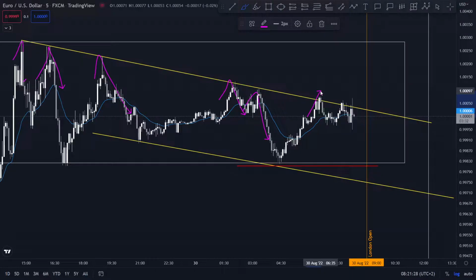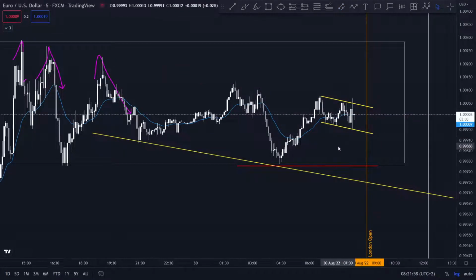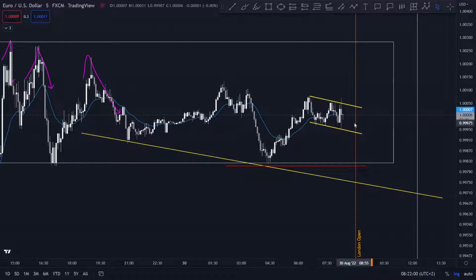Here the market goes up, comes down, goes up again, comes down, goes up a third time, comes down, goes up a fourth time, comes down. This is the fifth time and it's coming down. So what I want to say is that the market is stalling here. Yeah, the market is stalling around this area here.